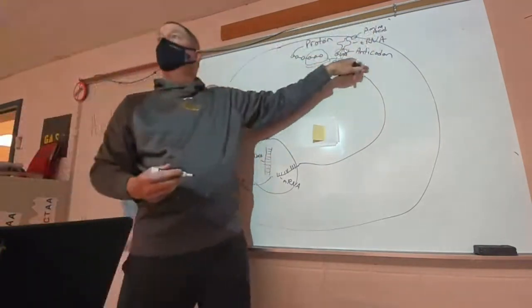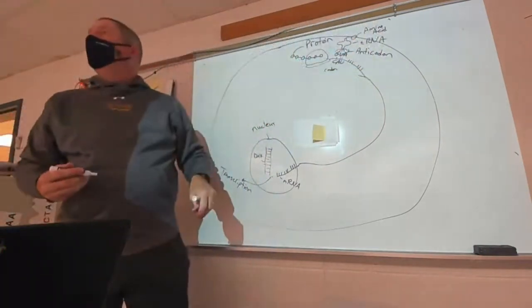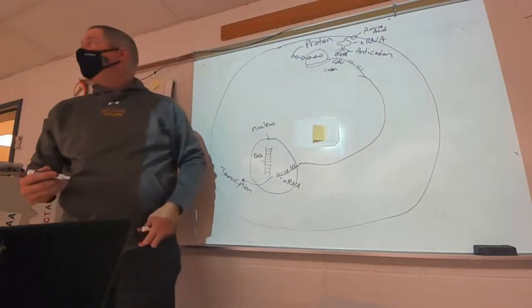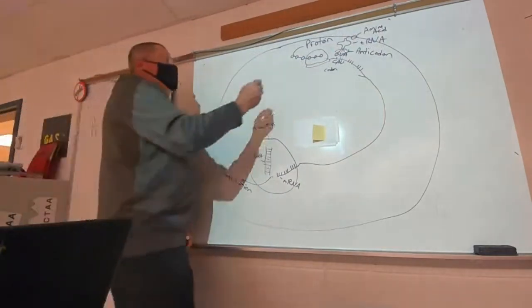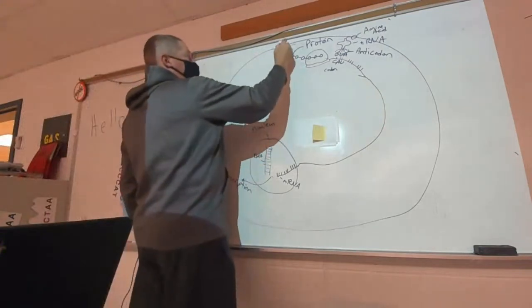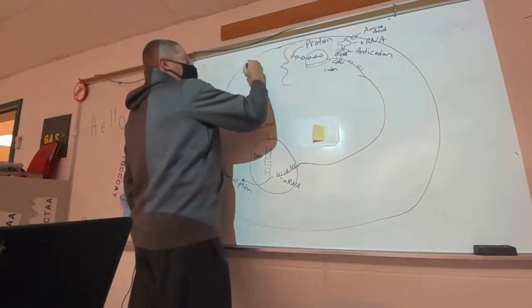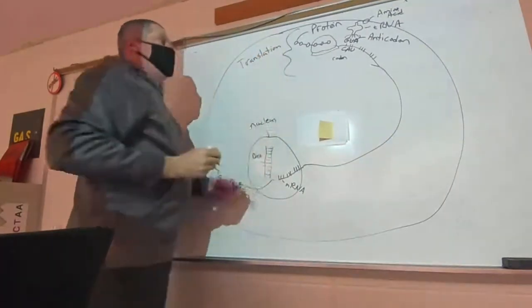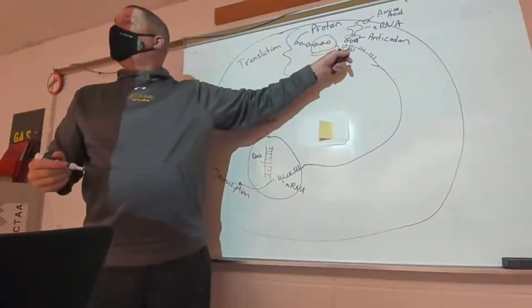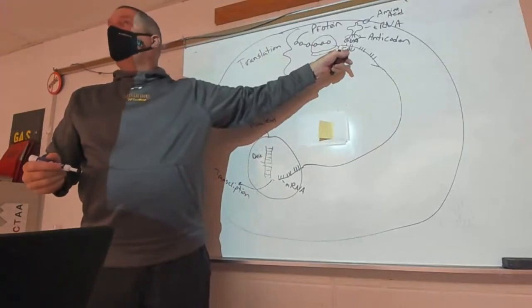What is this process called? I can't tell if they're typing something good or not. Translation. Good. This whole process is called translation. This is where you're plugging your letters into your chart.